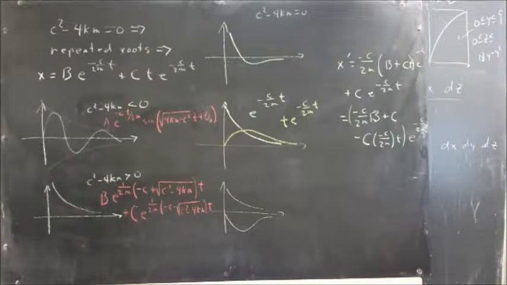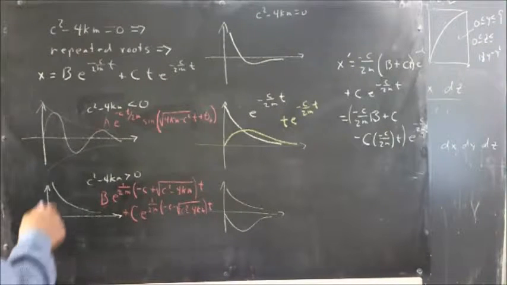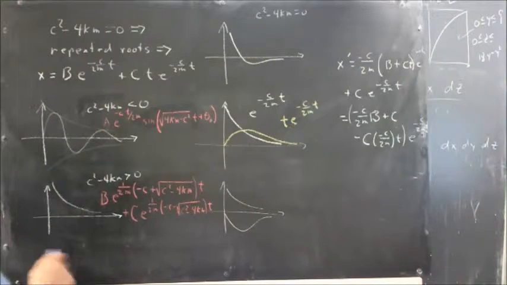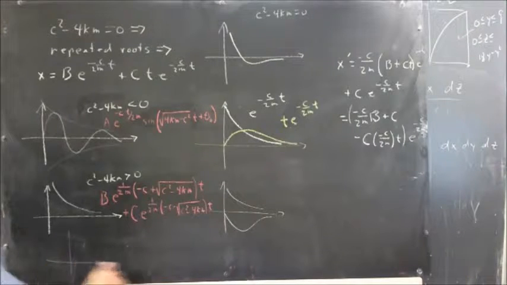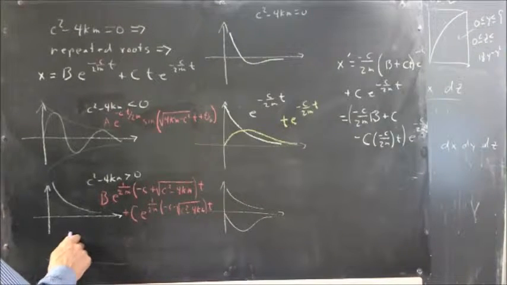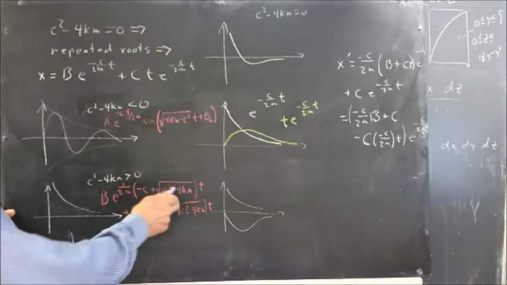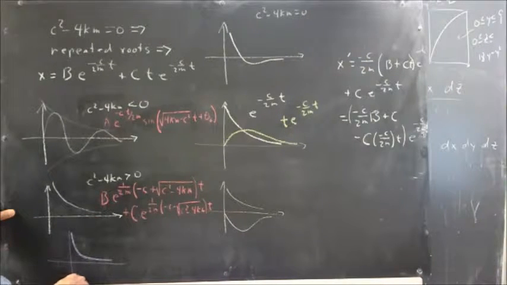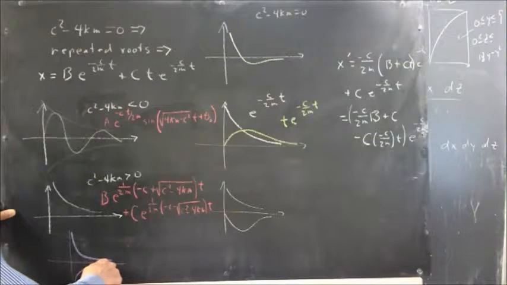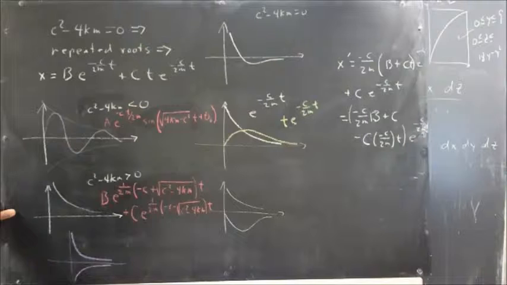as an asymptote. Now, this could correspond to, let's say, one exponential approaching 0 quickly, that would be this one, and another approaching 0 more slowly.